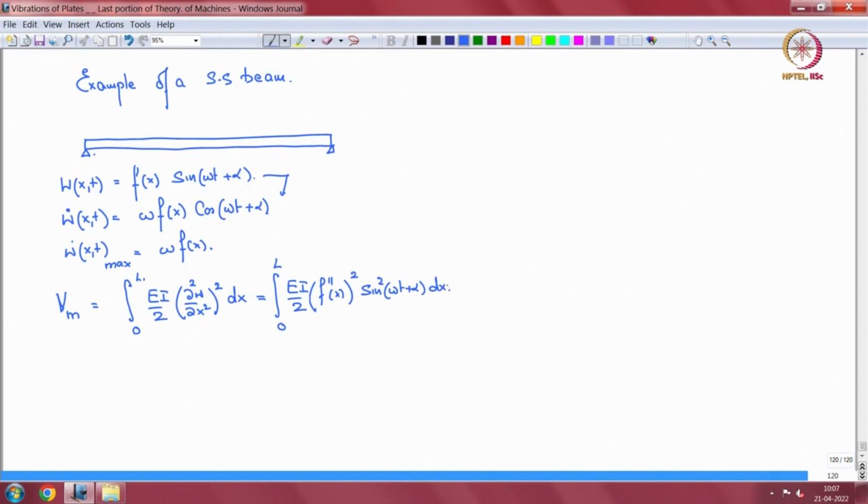Because it is V max, we take the max value of this, so the sine squared term is 1 at some point.